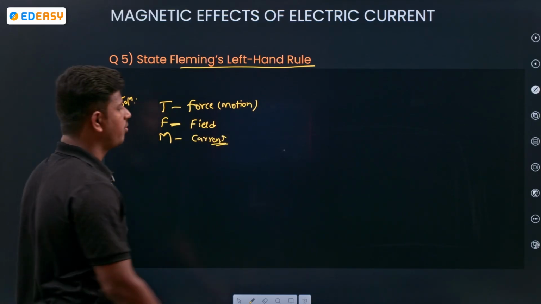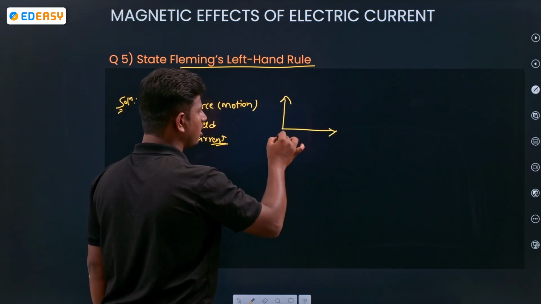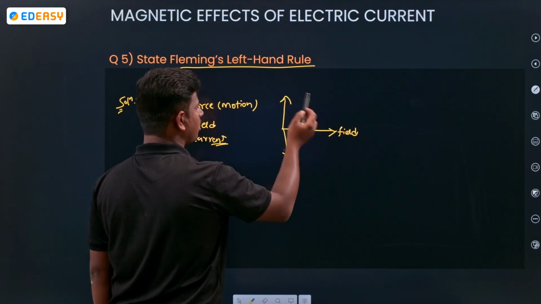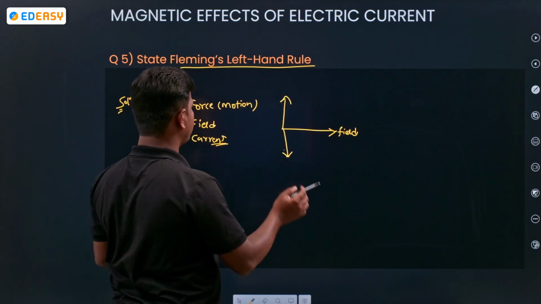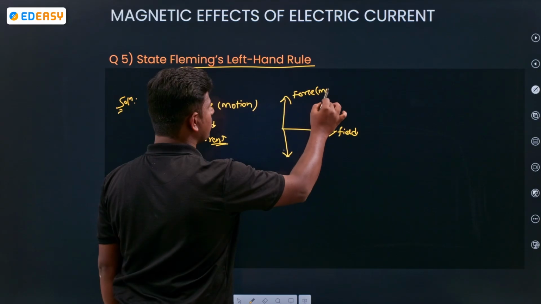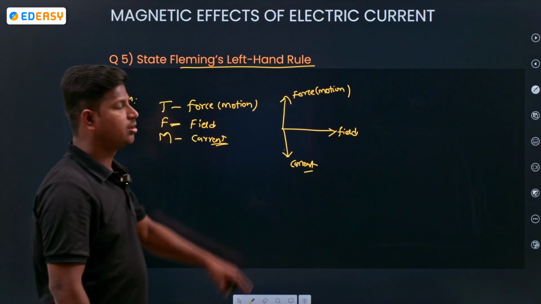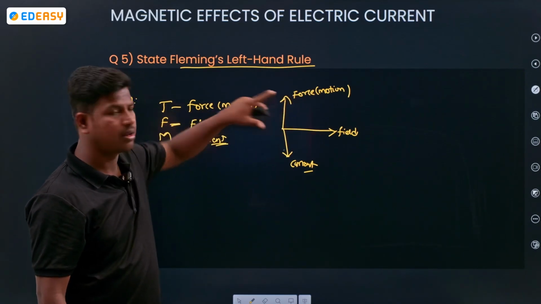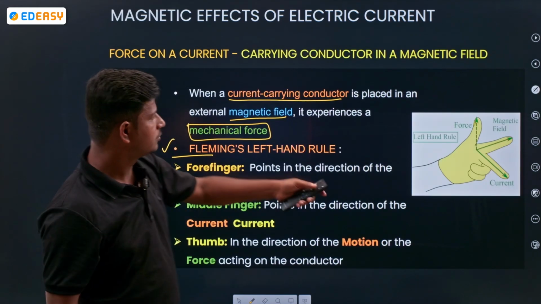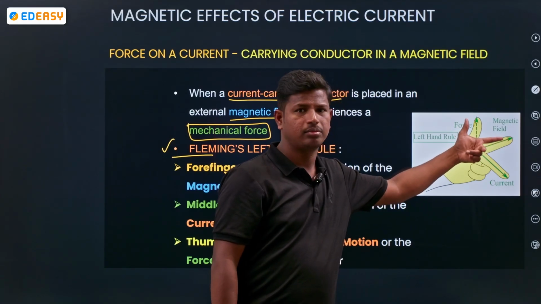Forefinger like this, so field, field is this direction. If you take the thumb like this, it means force or motion. And this is the current. Field, motion, current. Field in this direction. See, field, thumb, force, and current.